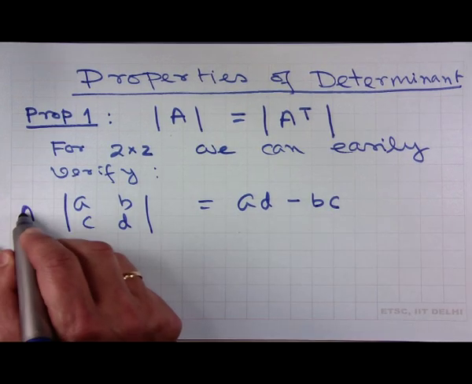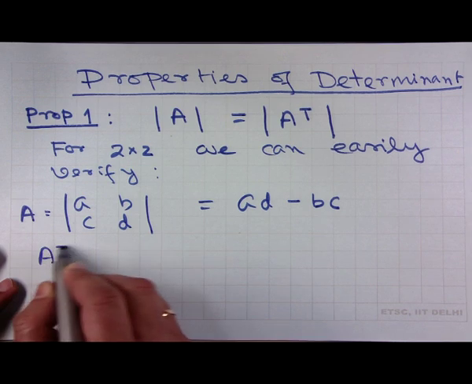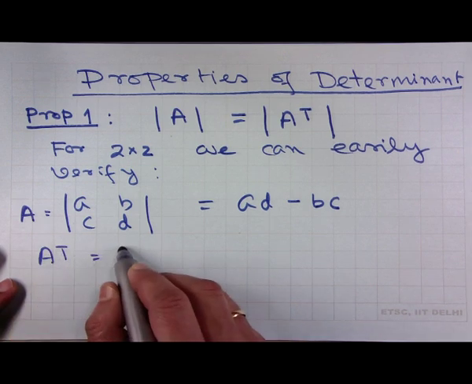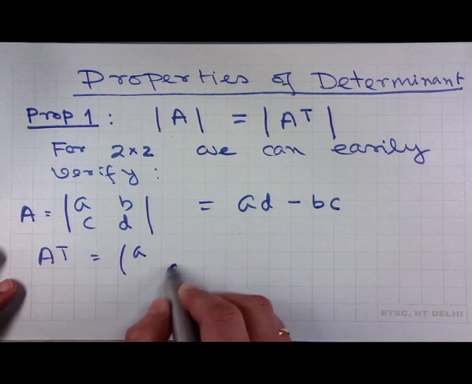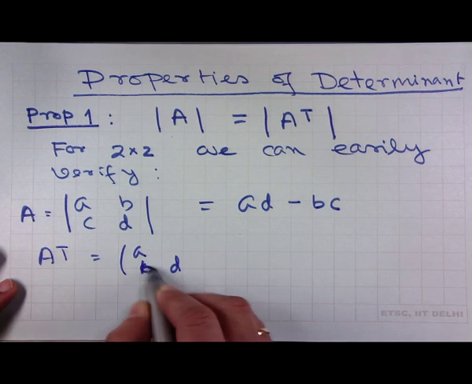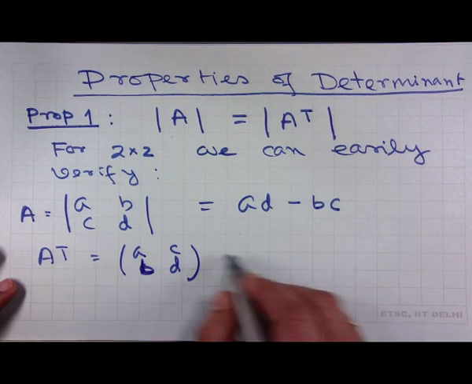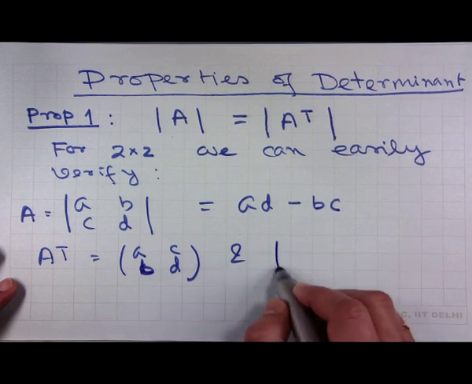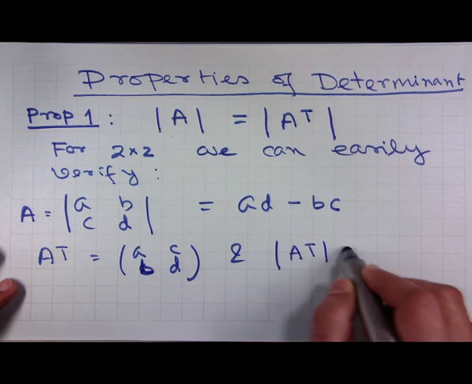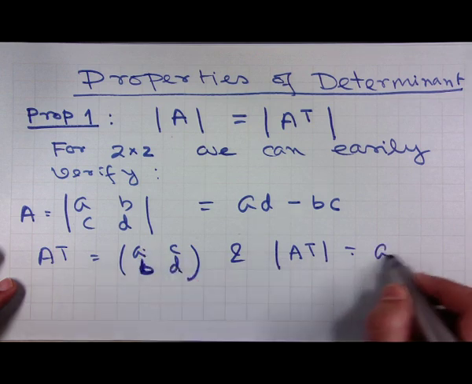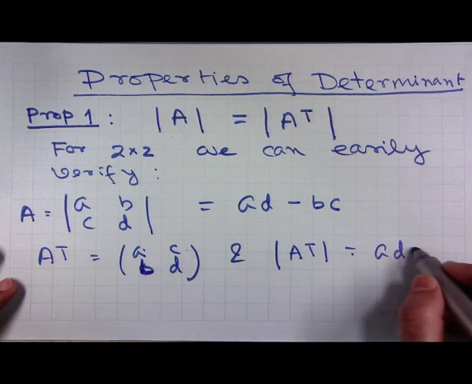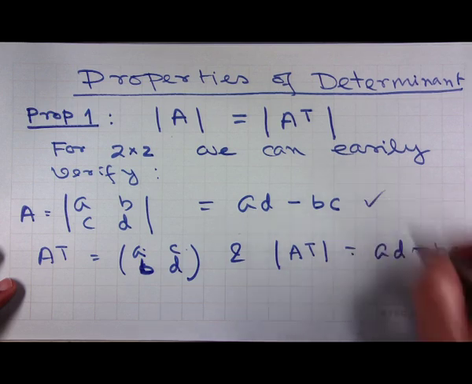If this is called A, then A transpose is equal to A, C, B, D, and its determinant is going to be AD minus BC, that is, it is same.